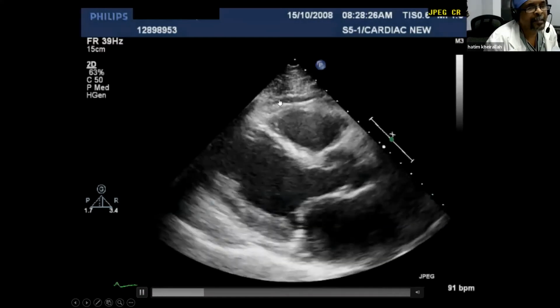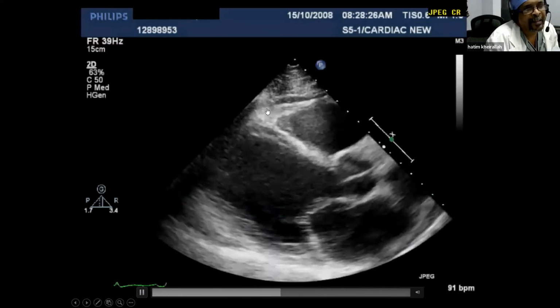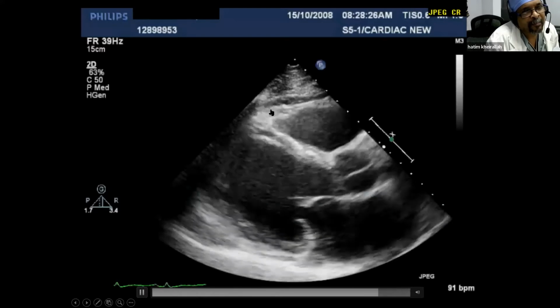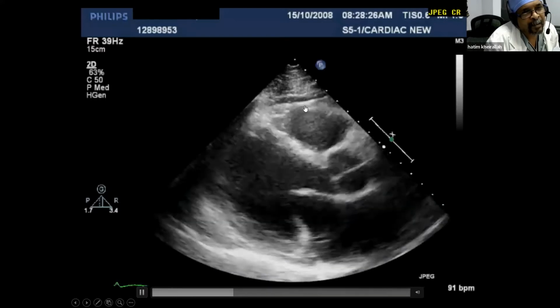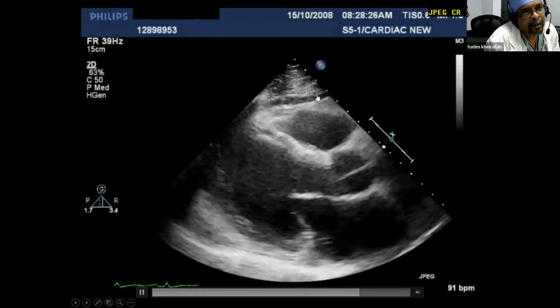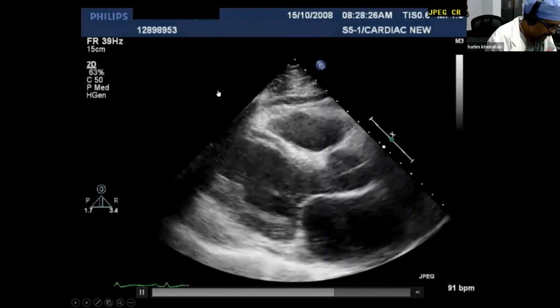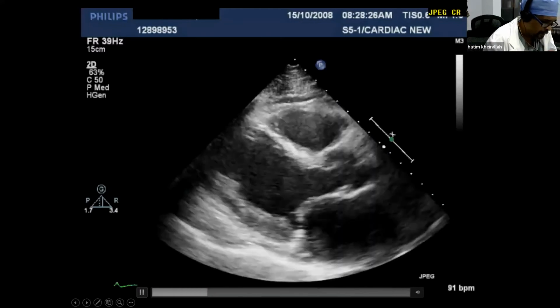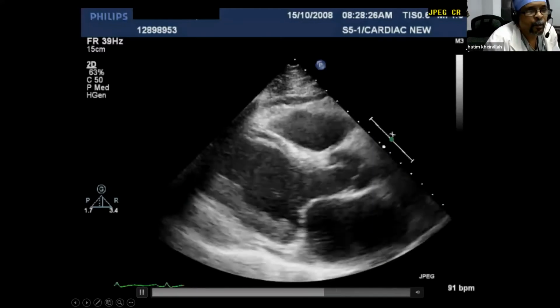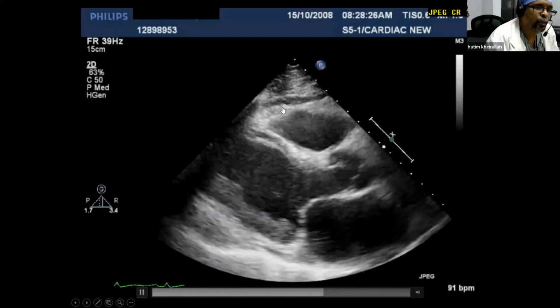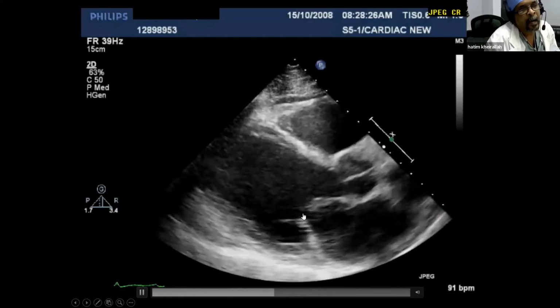Most likely this is pericardial fat, and the one below it, which is a small rim, is the epicardial fat. I agree that it looks so much like pericardial effusion, and you could appreciate some granularity in it. So this is fat tissue, not fluid.